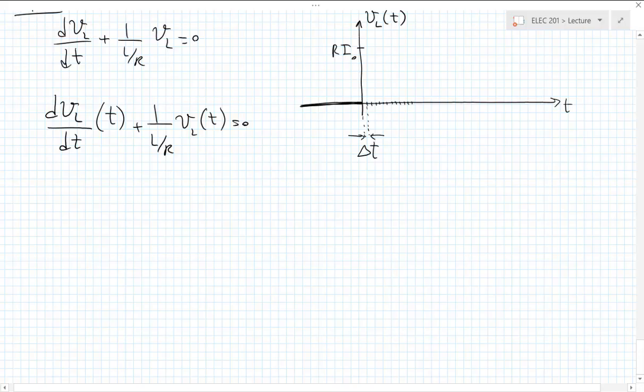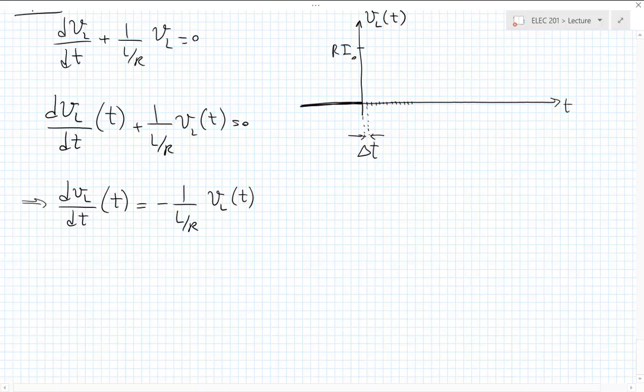So I can also write it like this. At a given point in time, the derivative of this voltage happens to be proportional to its value.